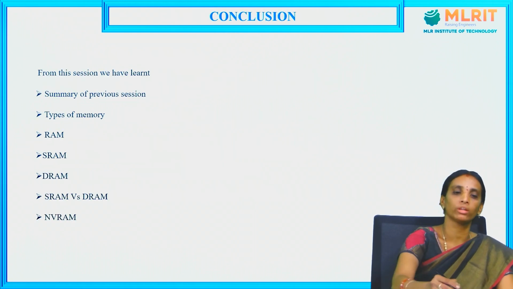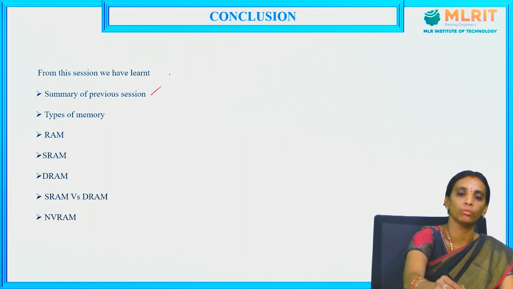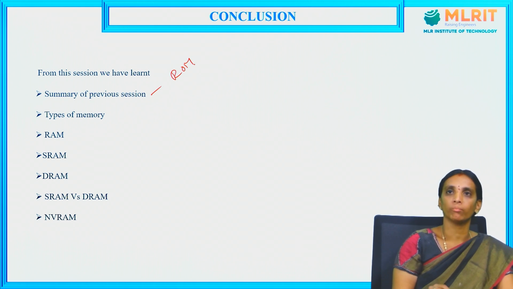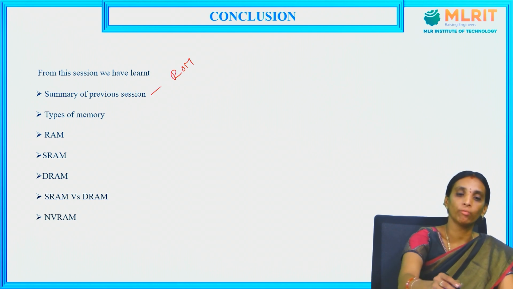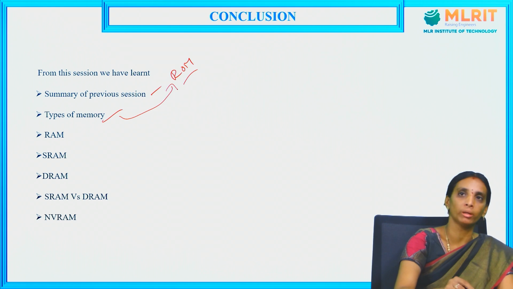While going to the conclusion, here we can discuss the summary of the previous session. In that we discussed what is ROM and the types of ROM: PROM, masked ROM, programmable ROM, erasable programmable ROM, and EEPROM, and flash memory. Here we can recollect the types of memory available, and we have already discussed the ROM in the previous session.